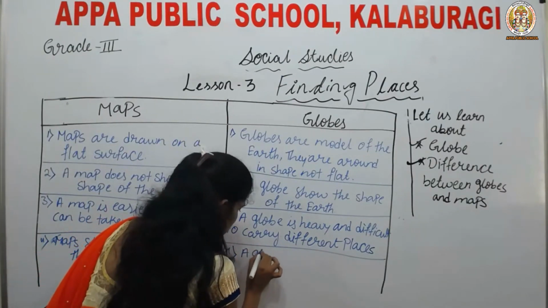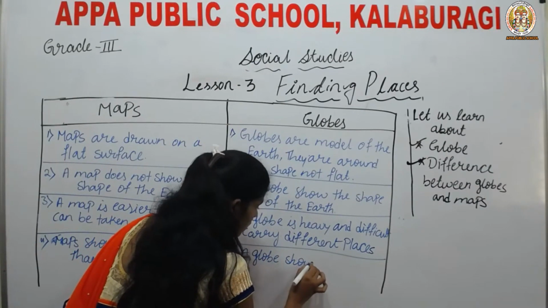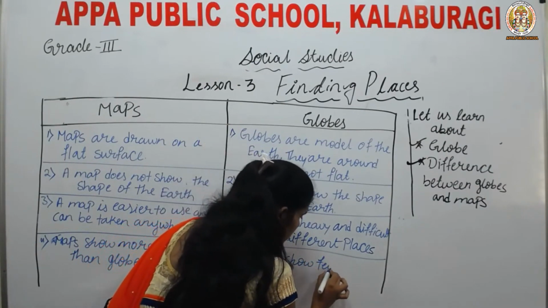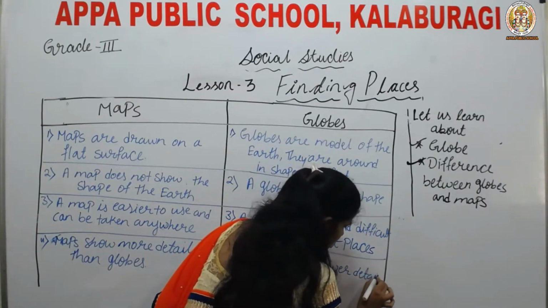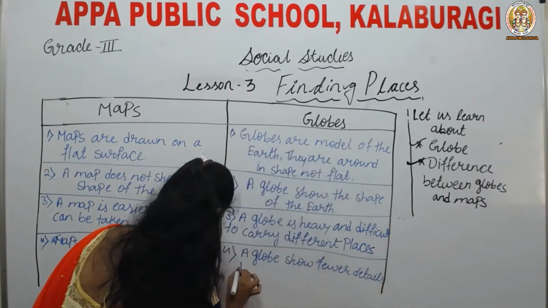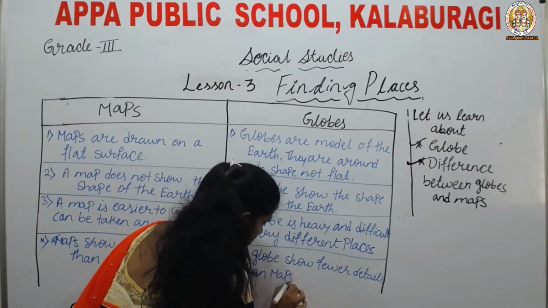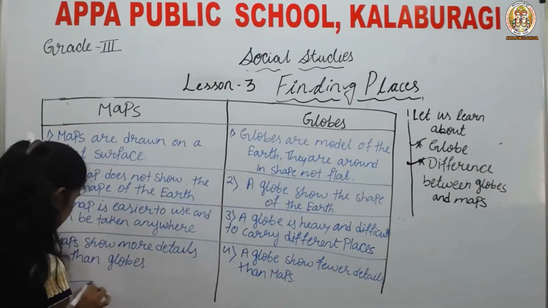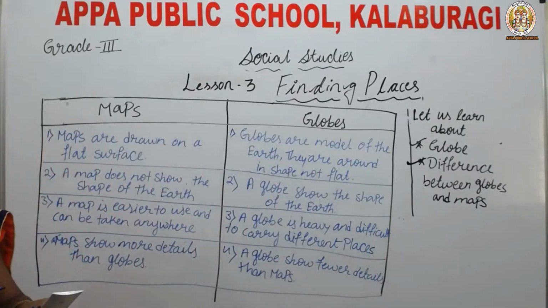See, a globe shows fewer details than maps.